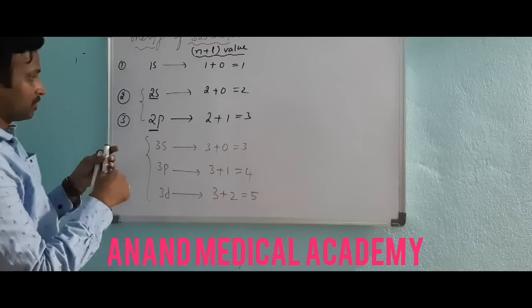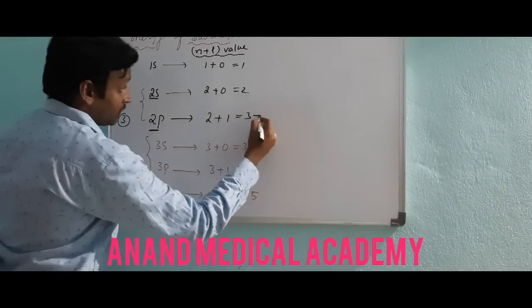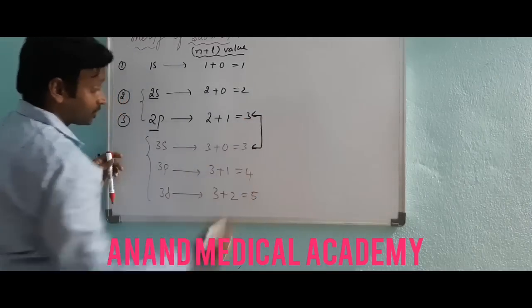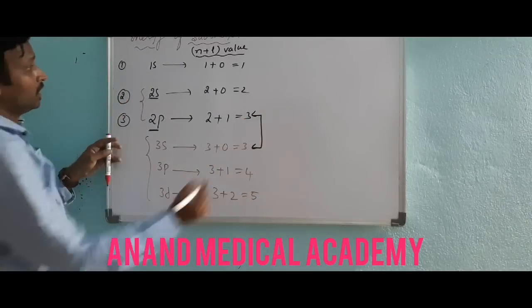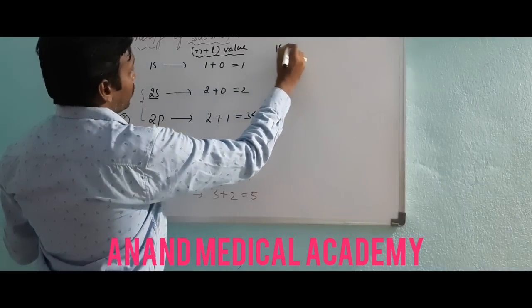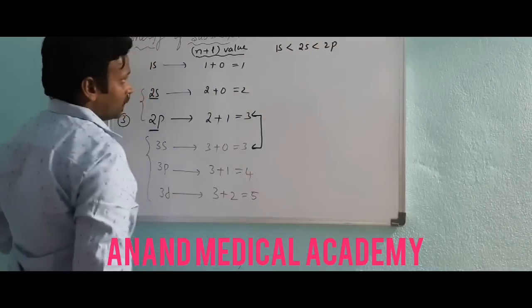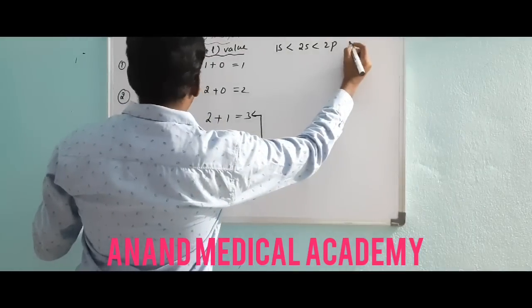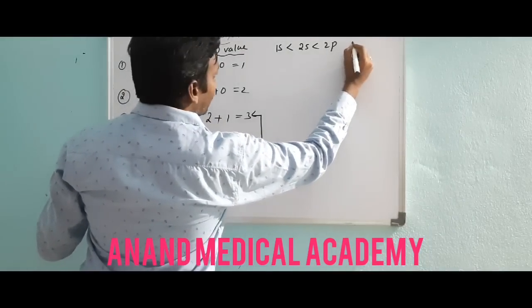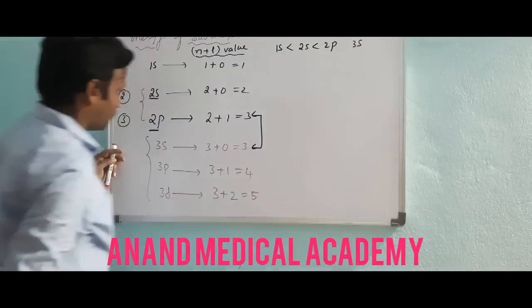Here you have a problem. If you see from the beginning, 1s has less energy than 2s, and 2s has less energy than 2p. Now my question: among 2p and 3s, which has more energy?